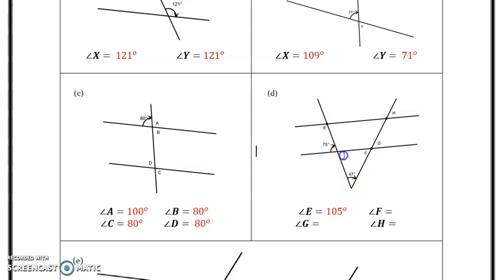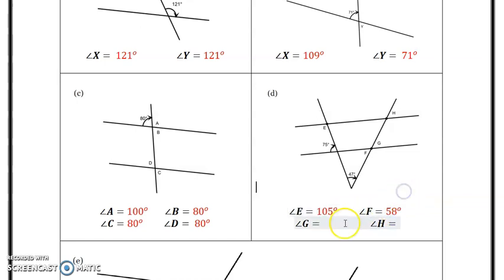So 75 plus 47 would be 122. I take 180 and subtract 122, and I get 58 degrees for F.